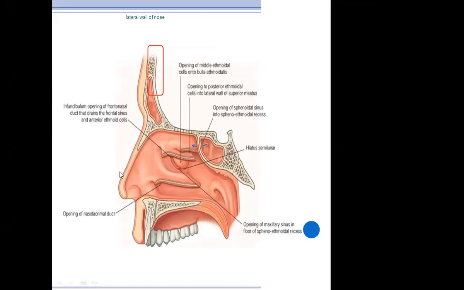So this is the lateral wall of the nose. In front, this depressed area is lined by modified skin, and this area also consists of hair, vibrissae. So this area is called the vestibule.